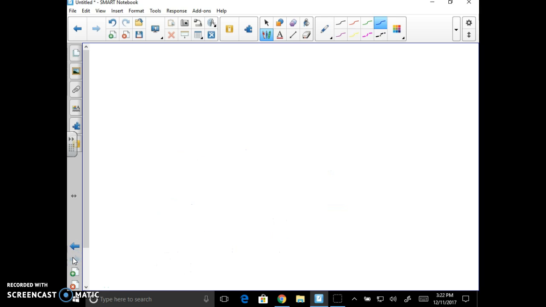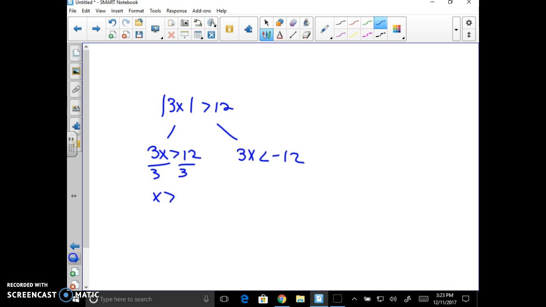Next problem. So we have the absolute value of 3x is greater than 12. Let's make our two cases. Remember, this absolute value is all by itself, so we can make two cases. So 3x is greater than 12, and now we're going to say 3x is less than negative 12. Divide by 3. X is greater than 4. Divide by 3.